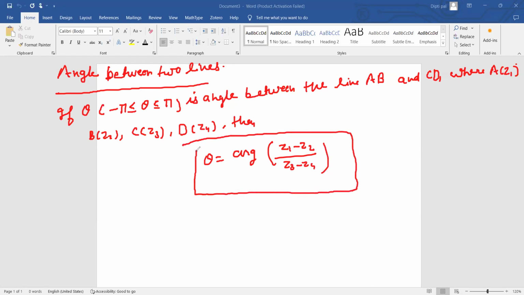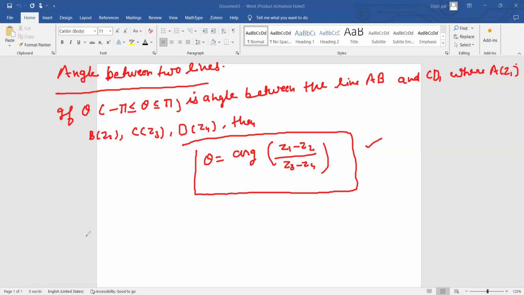This is the angle between the two lines AB and CD. So this is the general formula.